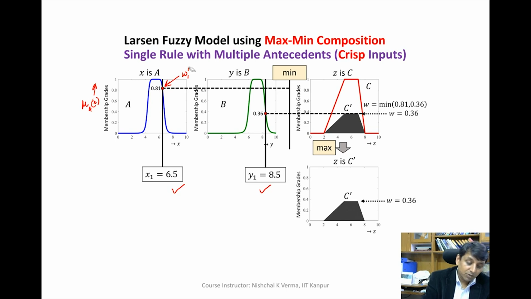Since we have only one rule, we need not write this. So let's say this is w1 is equal to this, and w2 is equal to 0.36. Now since we are using the max min composition, let us take the minimum of these two.